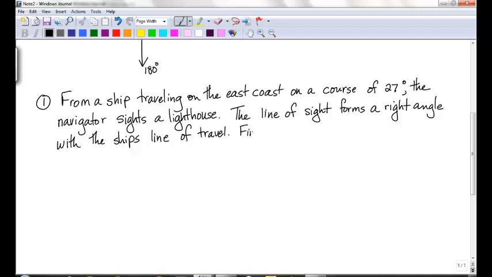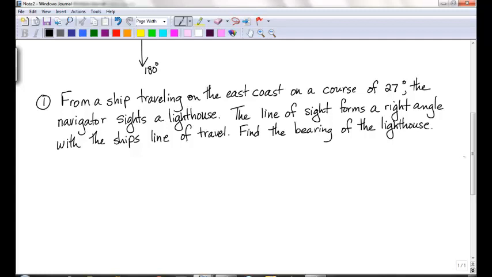Find the bearing of the lighthouse. Find the bearing. Key word, they're asking for bearing.